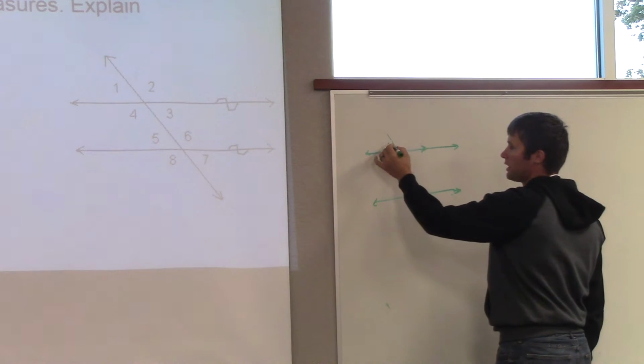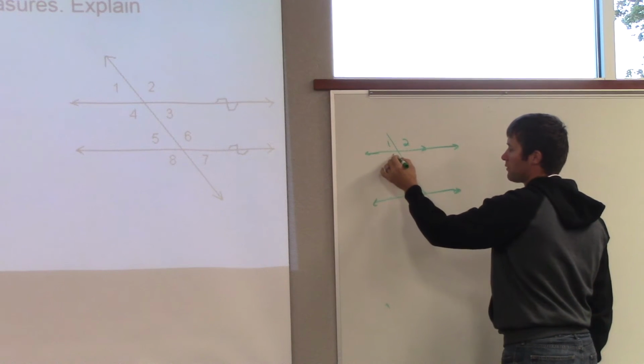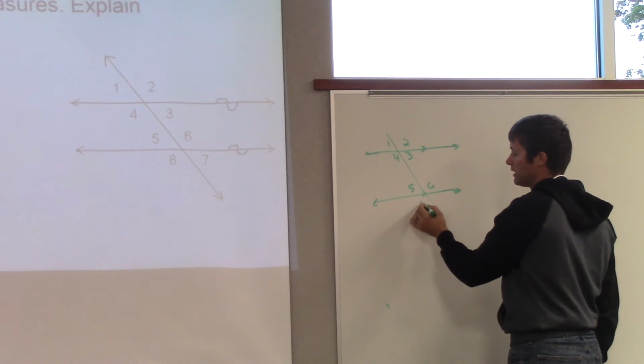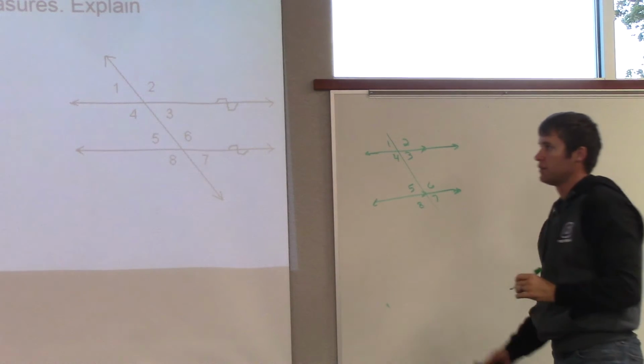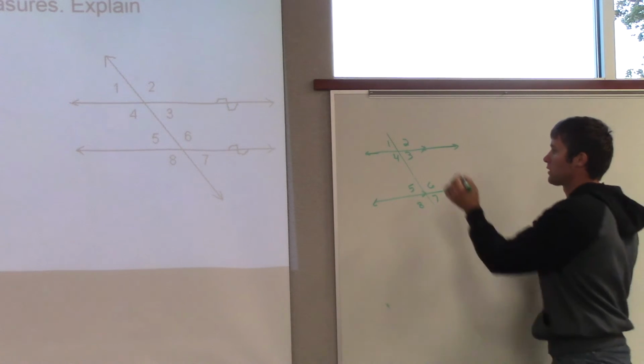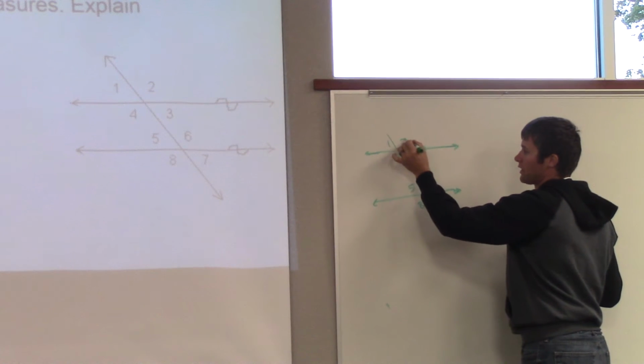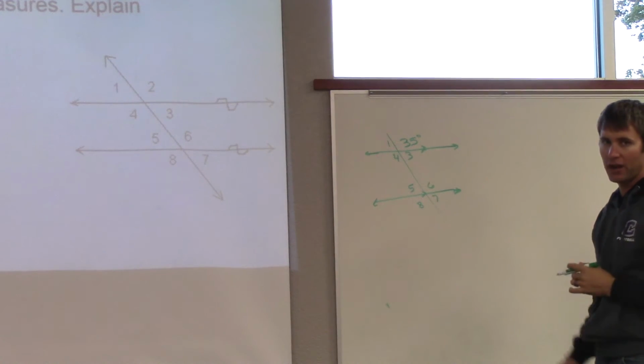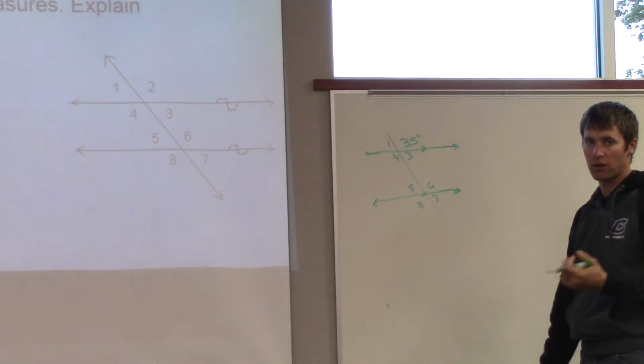When you go through here, you have angles 1, 2, 4, 3, 5, 6, 8, and 7. Angle 2 equals 35 degrees, so this angle right here is 35 degrees. We can find every other angle in this from there.